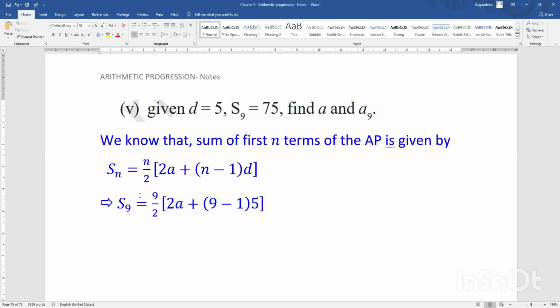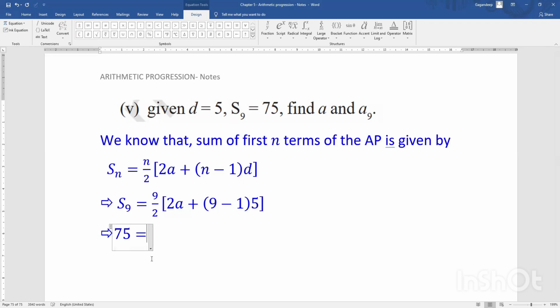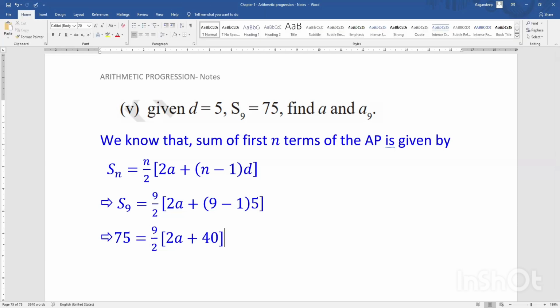Next step, what I write is, here I'm going to replace S9 with 75. So 75 equals 9 by 2 into 2a plus, 9 minus 1 is how much? 8. 8 into 5 is 40. Okay. So let me write that 40.